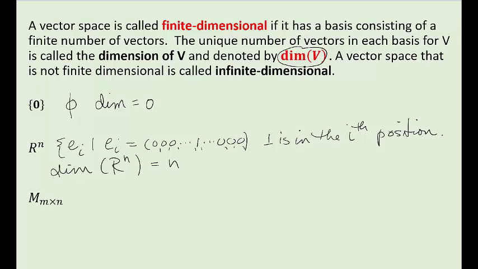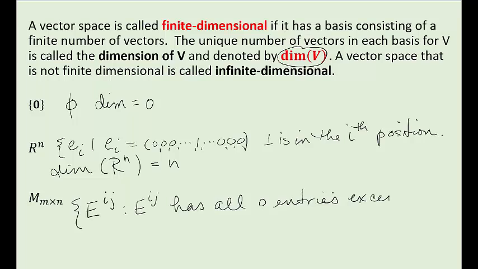The set of m by n matrices is generated by a basis. e sub ij is the simplest one, and this is a matrix that has all 0 entries except 1 in the ijth position.